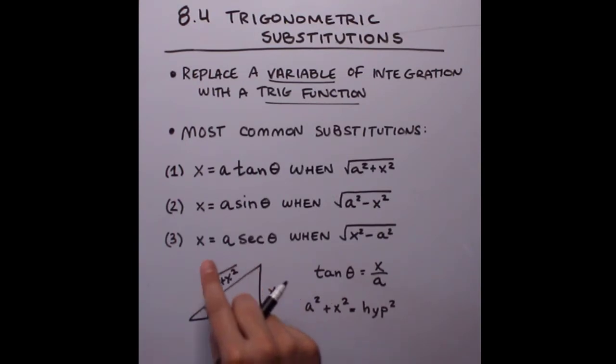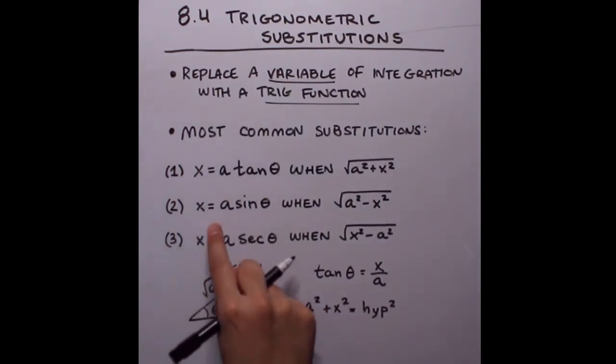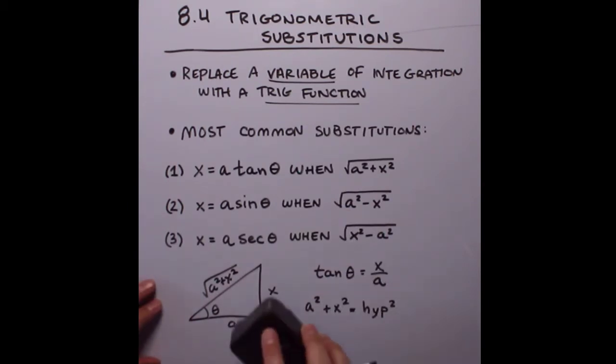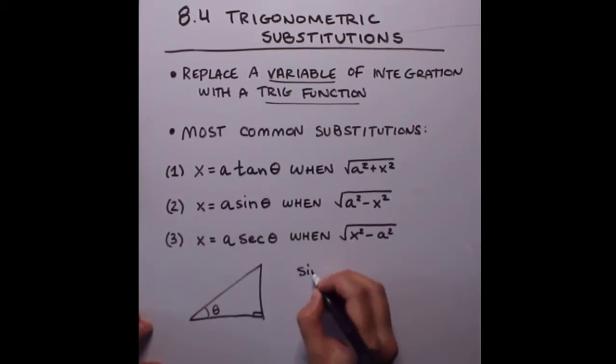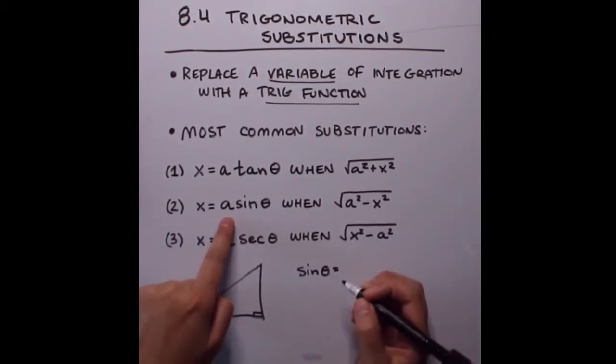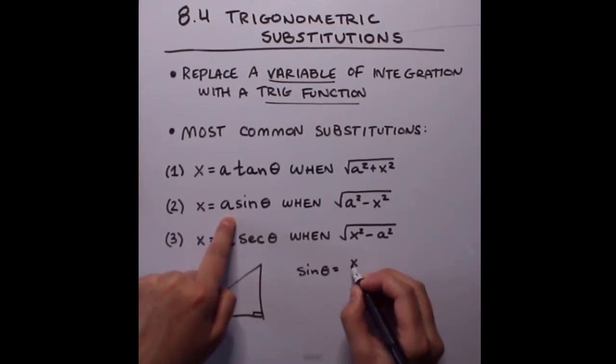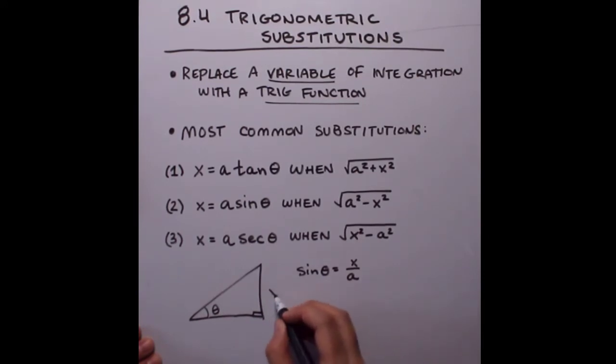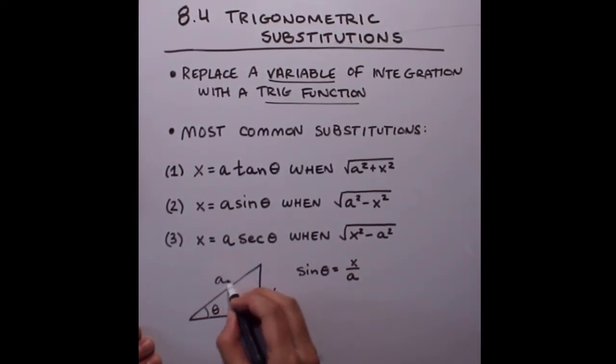So let's continue. Let's figure out why we're going to use a sine theta for x with this type of integrand. So sine theta, if you solve it from here, just divide by a, is x over a. And we know sine is opposite over hypotenuse.